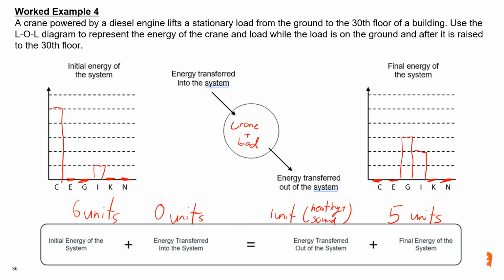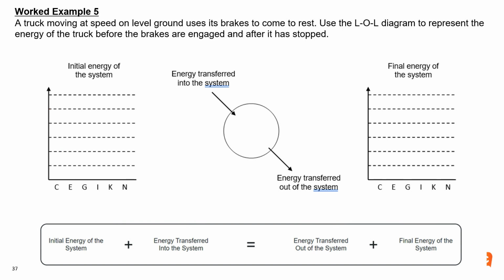So I'm going to repeat this, but not so detailed, for worked examples 5, 6 and 7. Over here we've got a truck moving at speed and we want to find out the energies involved. It's moving at speed on level ground. Level ground tells us our gravitational potential stores initially and finally are going to be the same.